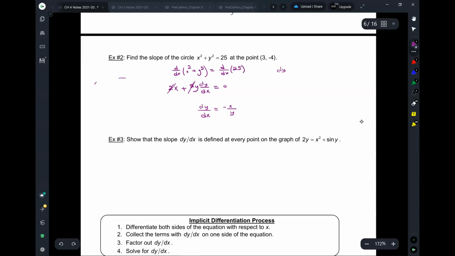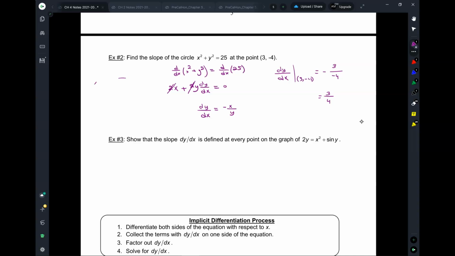So dy/dx evaluated at (3, -4). See, this one is negative. It calls for the x value 3 over the y value, so that's 3/4. Okay? Negative x over y.